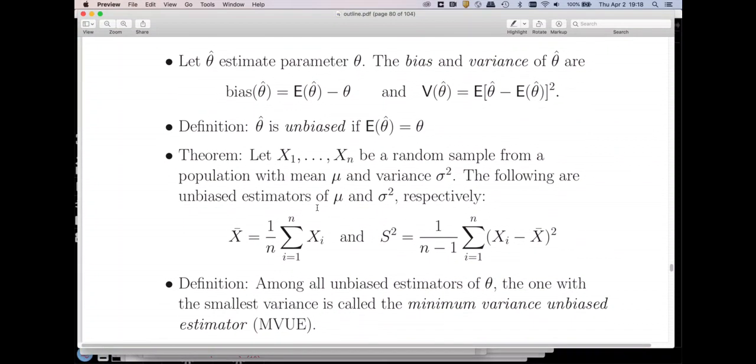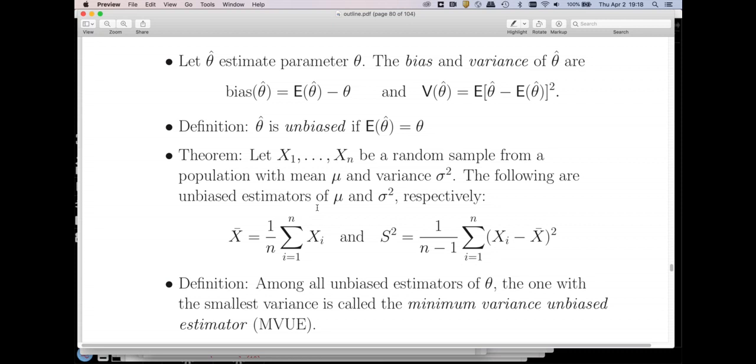Among all estimators of some parameter, the one that has the smallest variance is called the minimum variance unbiased estimator, the MVUE. And so these are going to be desirable. You know, we could potentially have two estimators, and one of those estimators would have a higher variance than another one, and that would be undesirable.